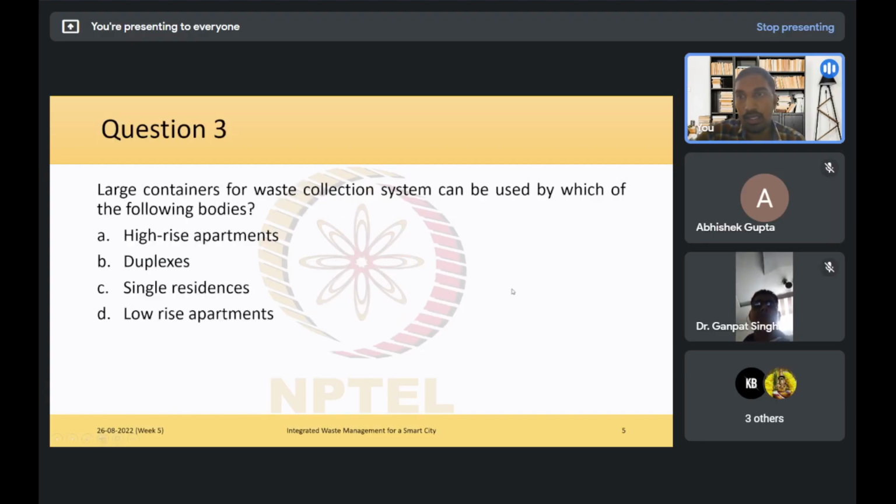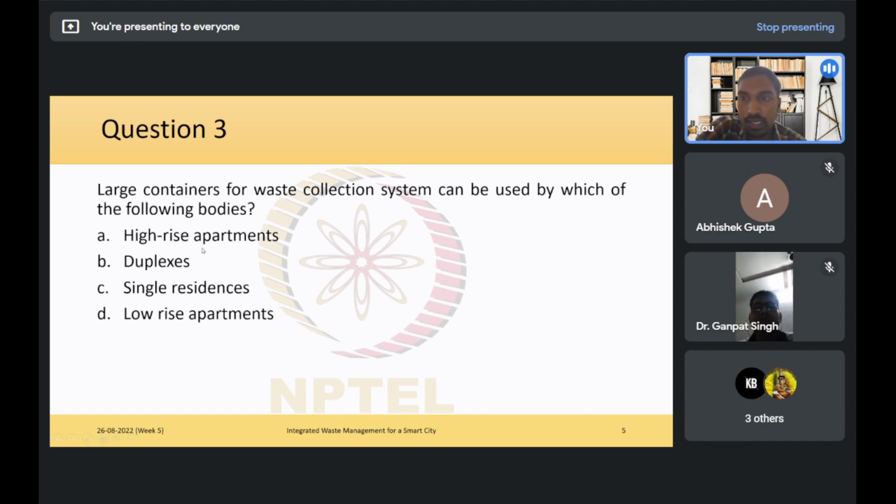Okay, so question 3: large containers for waste collection system can be used by which of the following bodies? So options are high-rise apartments, duplexes, single residences, and low-rise apartments. So again, here we are talking about waste collection. So we want to decide what should be the size of the storage that we want to use to collect this waste.